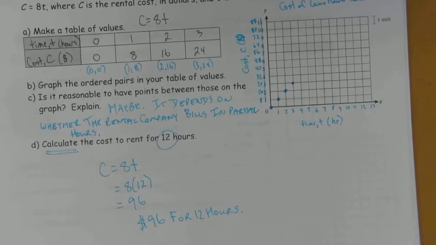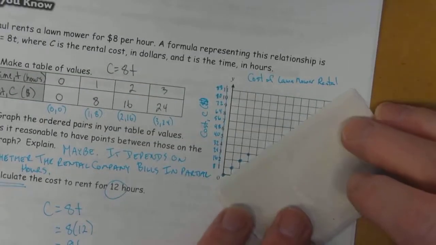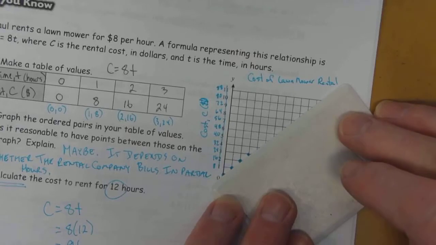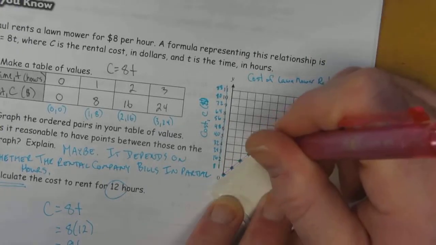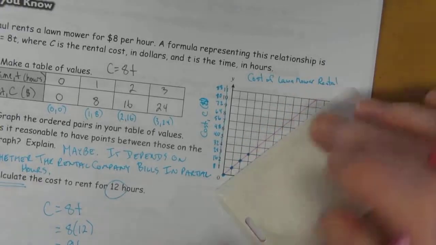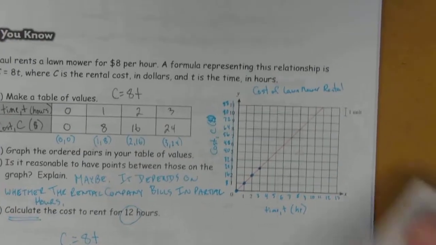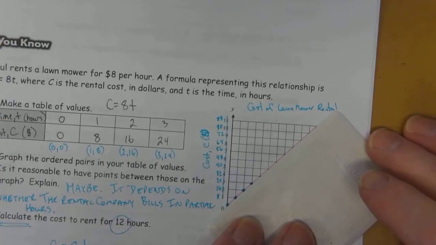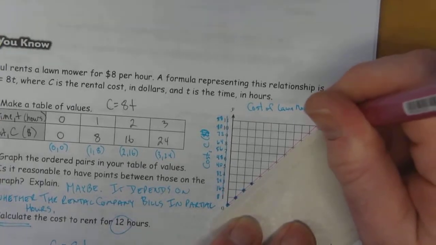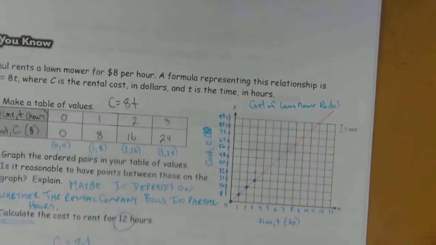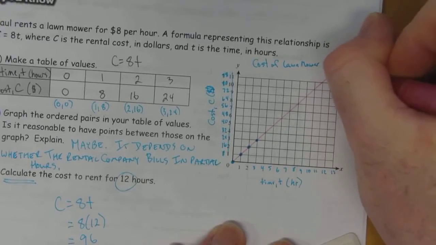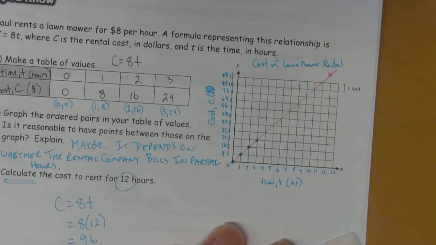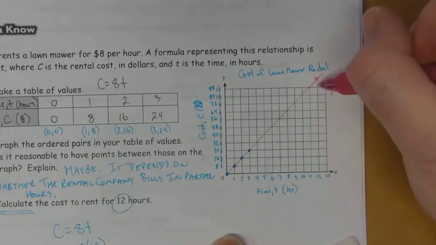Now it said to calculate that. We can actually use our graph as well to figure that out. If we draw a straight line based on the points that we've already got graphed, and in this case we're going to actually have to go beyond the graph a little bit, because 12 hours right here is going to hit right there above the line, but that's one block up.